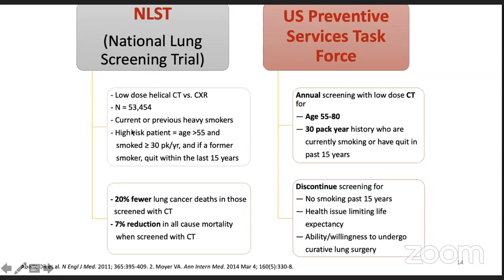Their participants were current or previous heavy smokers, age 55 or more, with a 30 pack-year smoking history, or former smokers who quit within the last 15 years. The findings of this trial were important. They found 20% fewer lung cancer deaths in those screened with CT scan, and a 7% reduction in all-cause mortality when screened with CT.